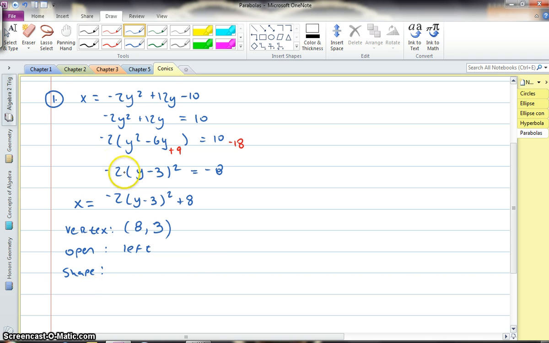Okay, remember if the absolute value of a is greater than 1, we're narrow. If it's equal to 1, we're normal, and if it's between 1 and 0, we're wide.